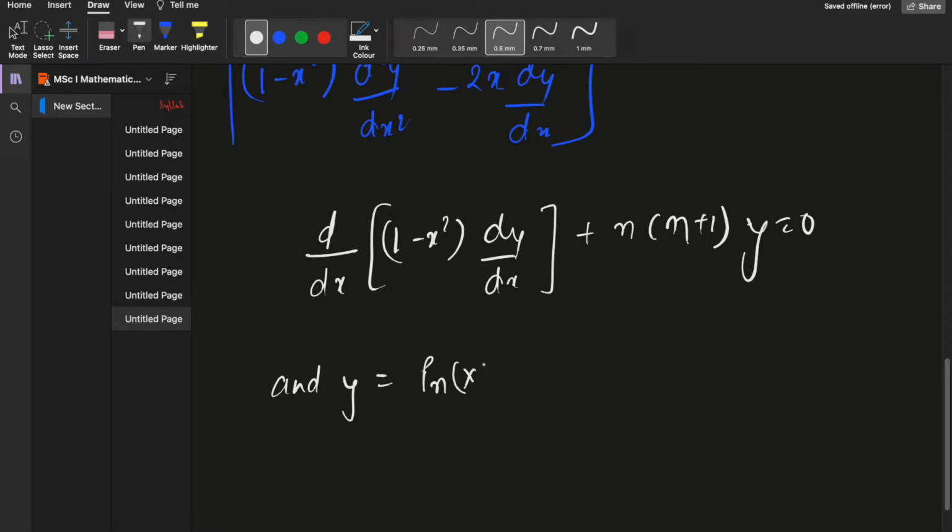The solution is Pn(x). We already know the solution of this differential equation is Pn(x). Call this equation 1.